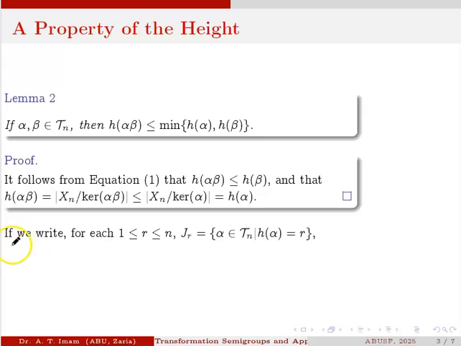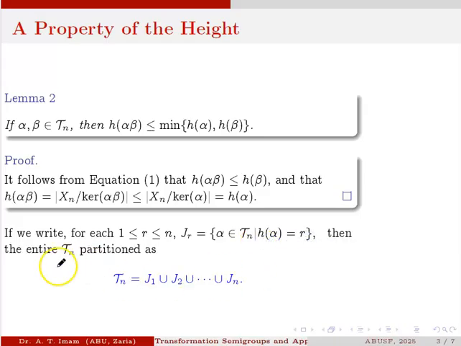With this, if we write, for each r from 1 to n, Jr to be the set of all alpha in Tn that have height equal to r, then we see that Tn is partitioned into classes, J1 union J2 union up to Jn, because you cannot have an element with two different heights.